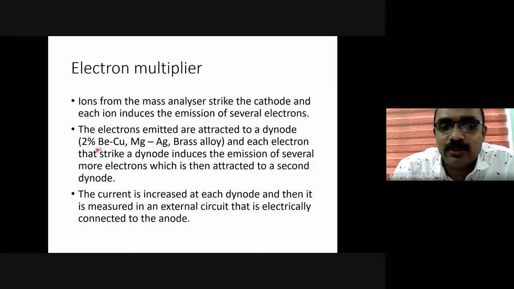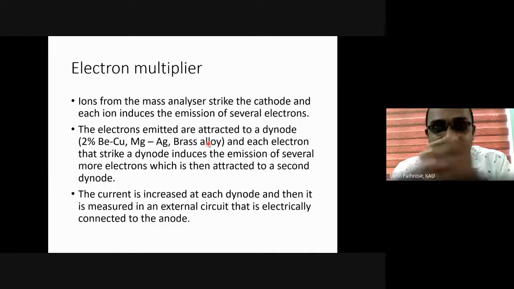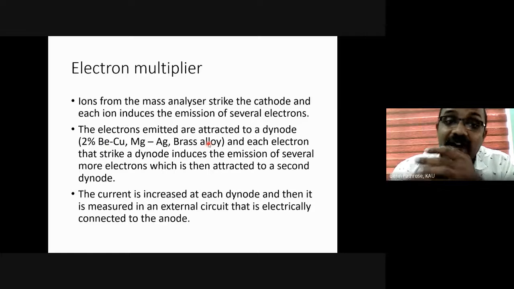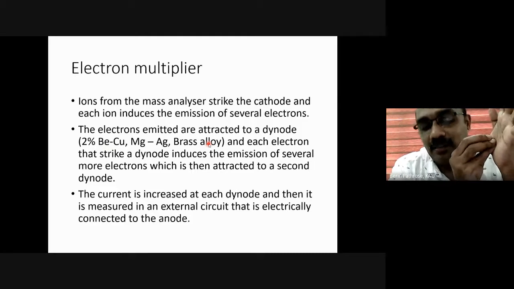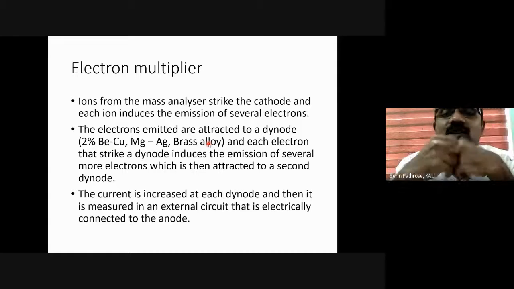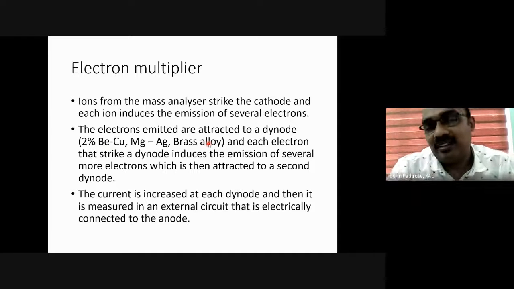The diode is made up of either 2% beryllium copper, magnesium silver, or brass alloy. When one electron strikes the diode, it will emit 10 electrons. That means it multiplies the electrons.